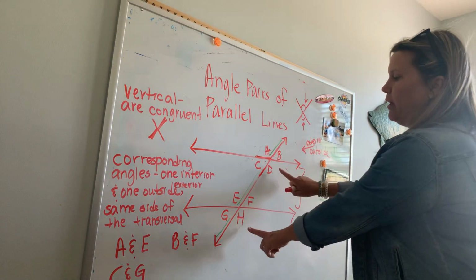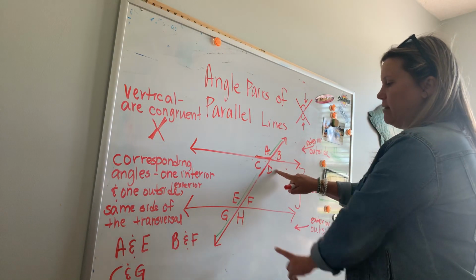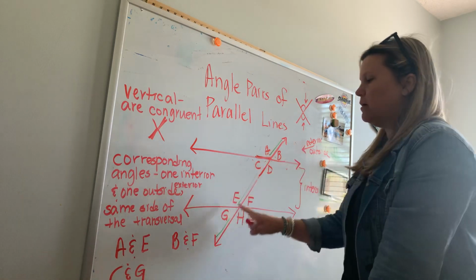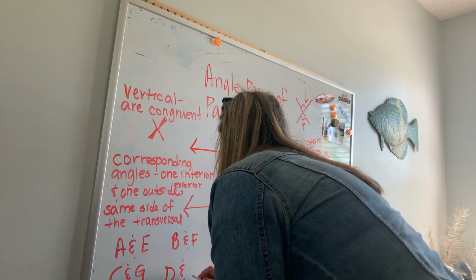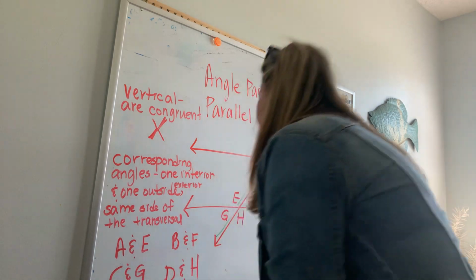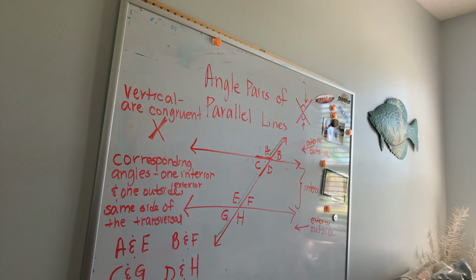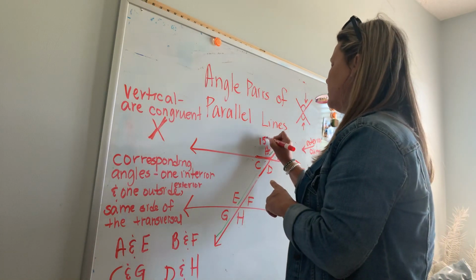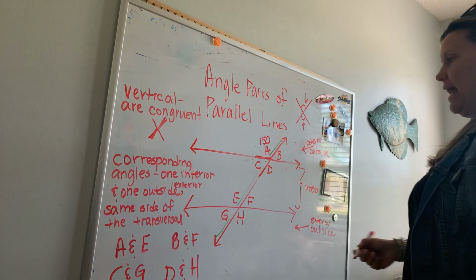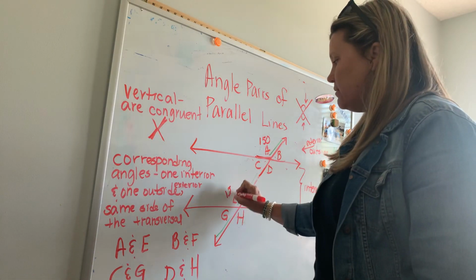And then also D and H. One's on the inside, one's on the outside, and they're on the same side of the transversal. Now, what this means is that if I know what A is, so earlier I said A is 150 degrees, that means angle E is 150 degrees.